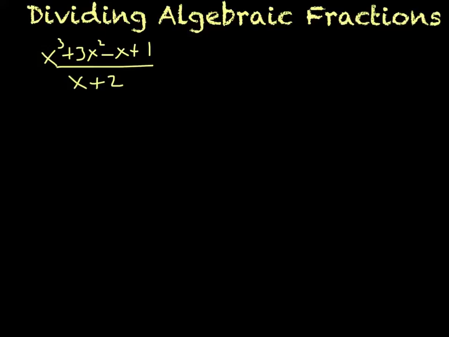Right, so let's do this problem. This really does just take practice. But first off, why do we even want to bother doing this? Well, the reason is that at the moment we can't really integrate this thing. It's very difficult to integrate. And if we could split this up into smaller pieces, then we can put it into a form that we can integrate.